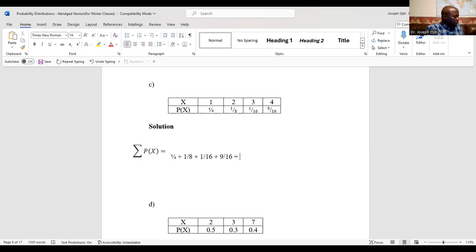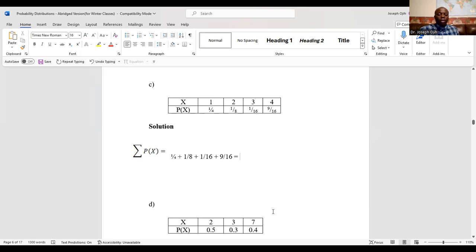So let us add all this and see what it will give us. I'm writing them down: 1 over 4 plus 1 over 8 plus 1 over 16 plus 9 over 16.